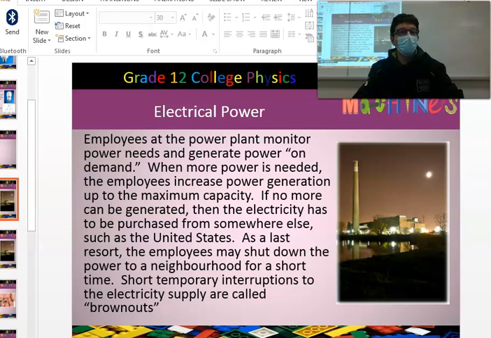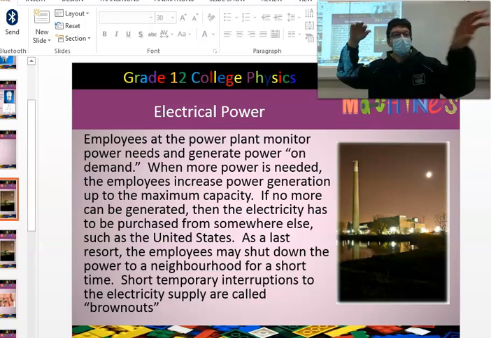So, we create power as it's needed. If the city is using a little bit of power, the power plant only creates a little bit of power. As the city starts to use more and more power, eventually, you get to the limit of what a power plant can put out. And if the city still is using more and more power, then you have a couple options.